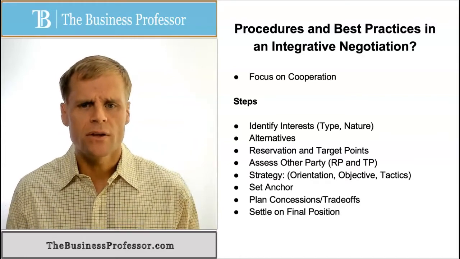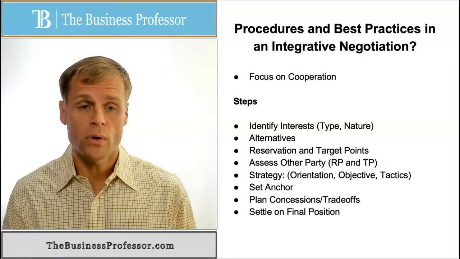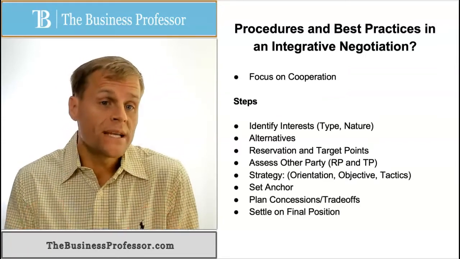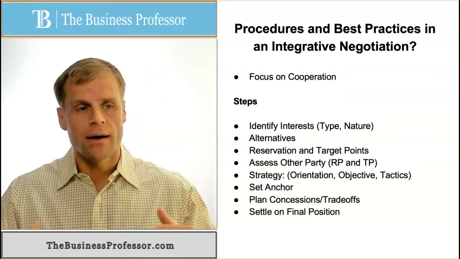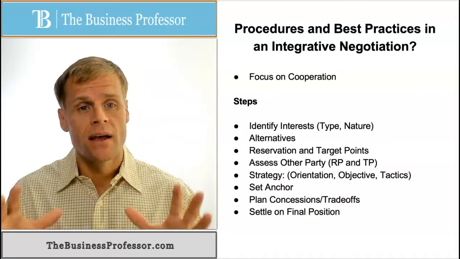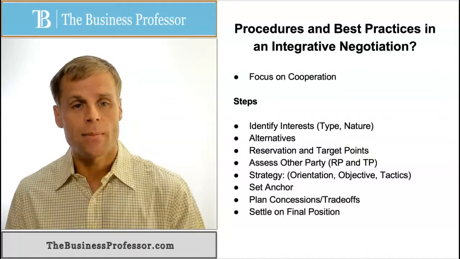Okay, so you'll establish your reservation point, and you'll establish your target point, what you're trying to achieve in the negotiation, what you believe is reasonable and a potentially viable outcome. Now, if you can establish this, you're then ready to try to assess that about the other side.